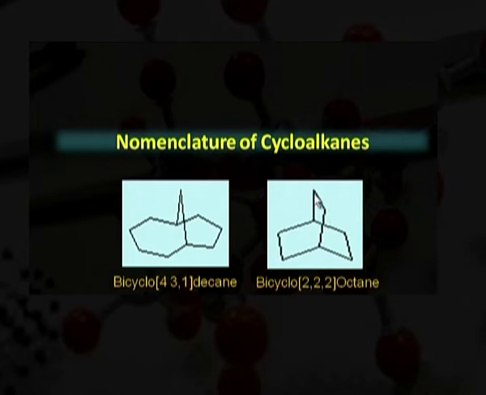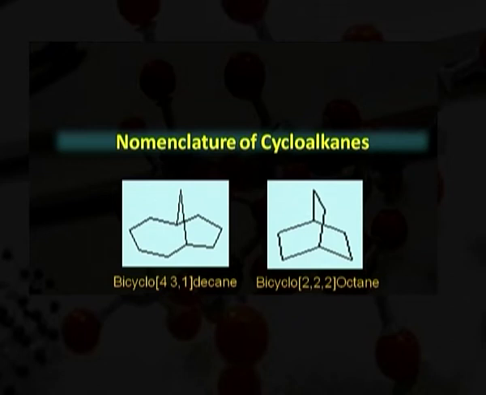So, according to IUPAC nomenclature, the name of this compound is bicyclo 2,2,2 octane. Octane means it has 8 carbon atoms, that is carbon 1, 2, 3, 4, 5, 6, 7, 8. For 8 we use "oct" and "ane" for the saturated hydrocarbon.